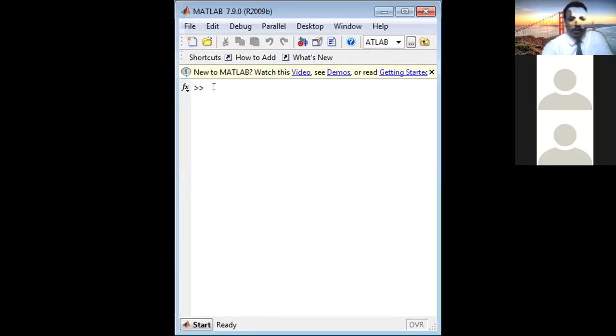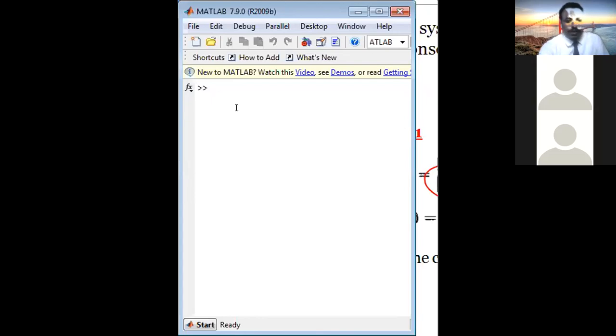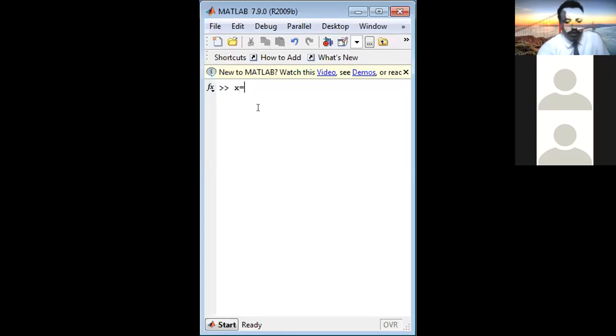So here, what you have to do, the given input is x is equal to, what are the input samples? 3, 11, 7, 0, minus 1, 4, 2. This is our input, right? Now I am writing my program on the command window. I'm not going to the editor window for the time being.